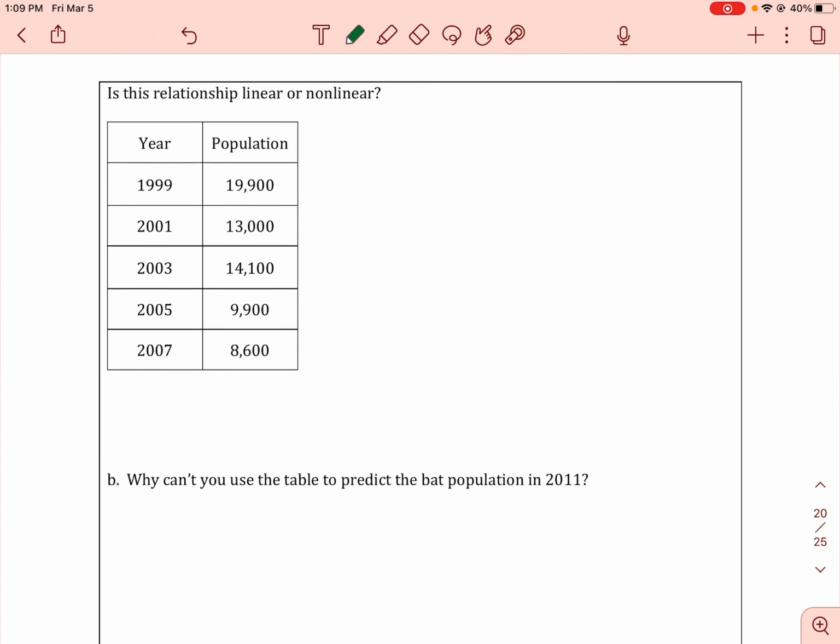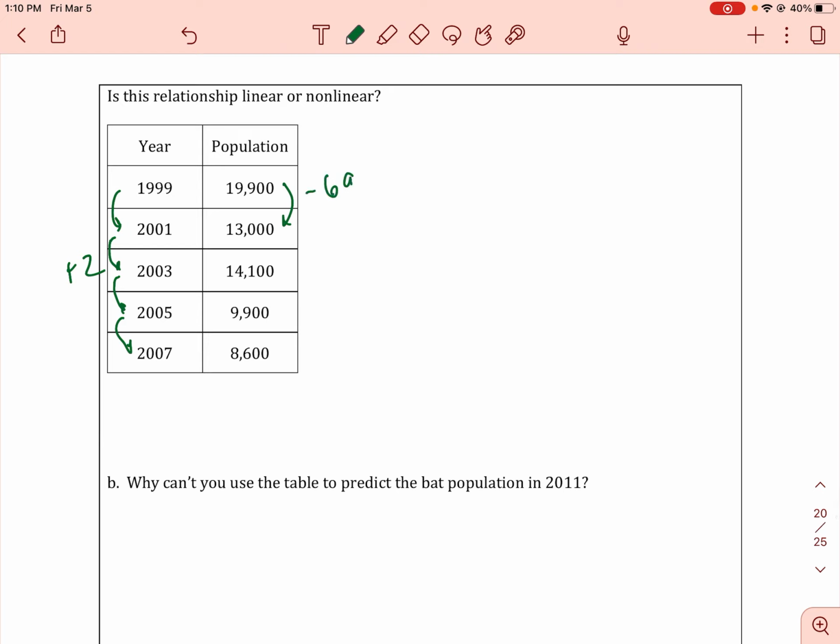So, is this linear or is this one nonlinear? I see that I am going 2 years at a time over here, increasing by 2 years to go from 19,900 to 13,000. That is decreasing by 6,900. But then I am increasing by 1,100.